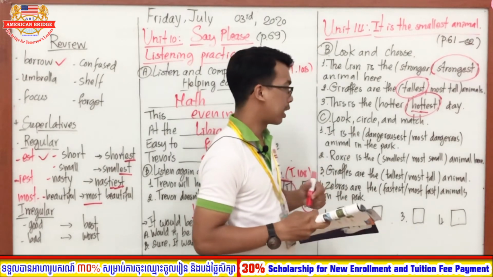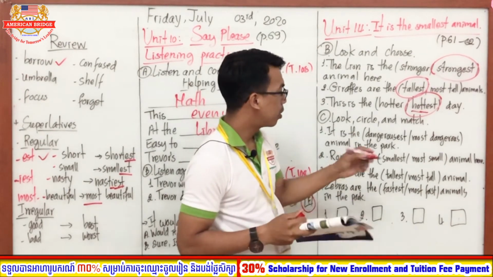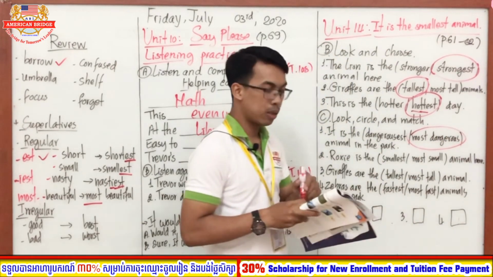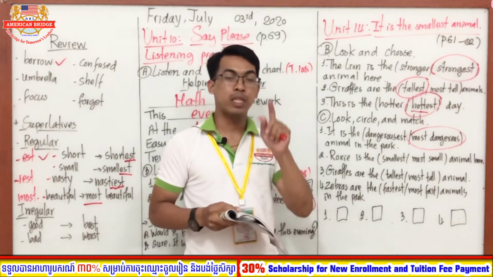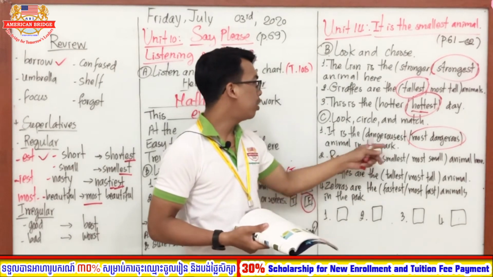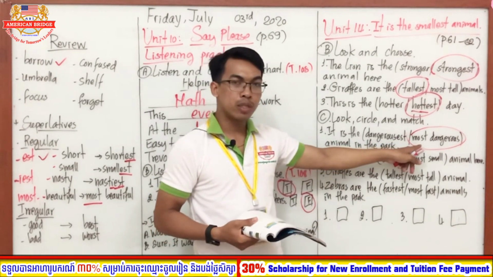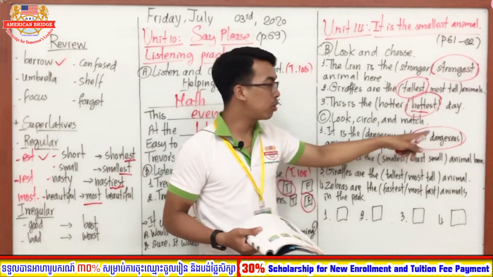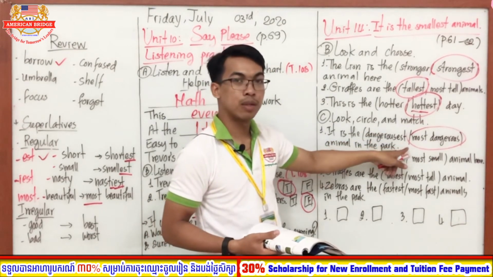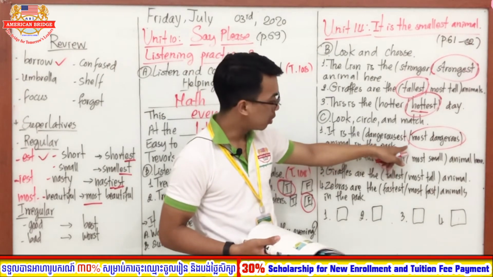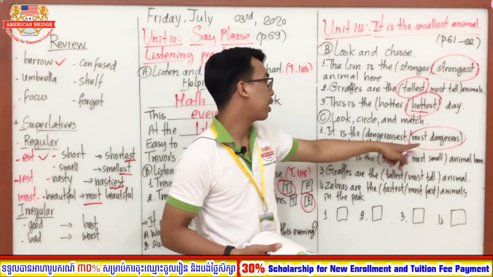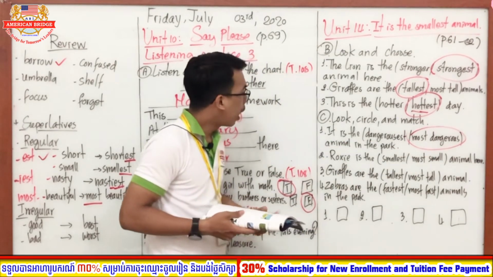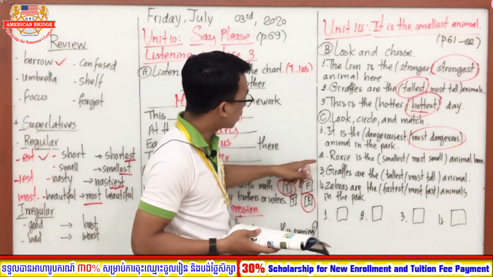So this is the example. The second one, most dangerous, because the word dangerous has 3 syllables, so we add most before the adjective and it becomes a superlative adjective. We do not add est to this adjective. You see? So this is the wrong one and this is the correct one.